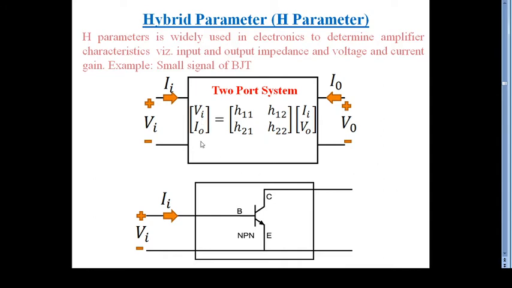It is very similar to the first figure. Here only the BJT is inside that black box, then the output voltage and output current. So the BJT is considered as an H parameter model.